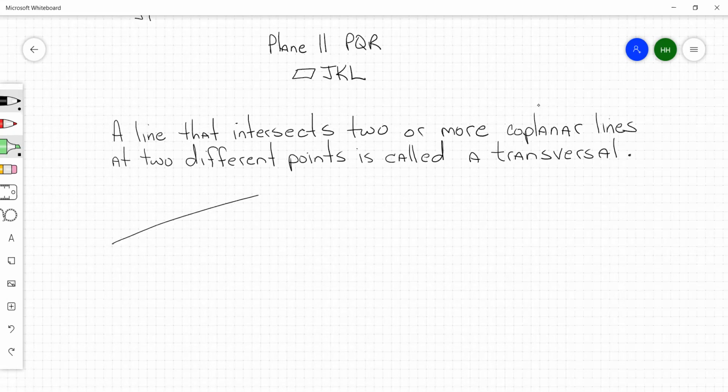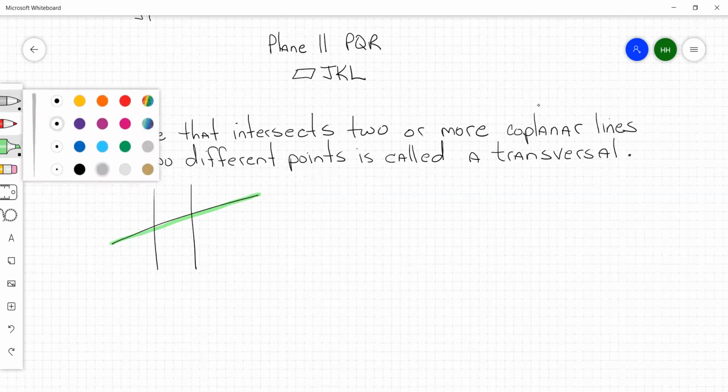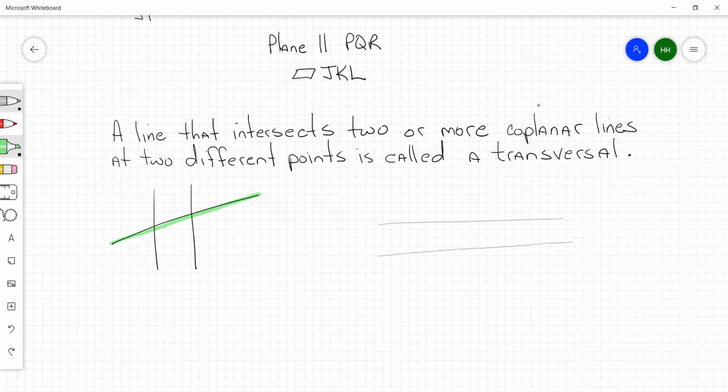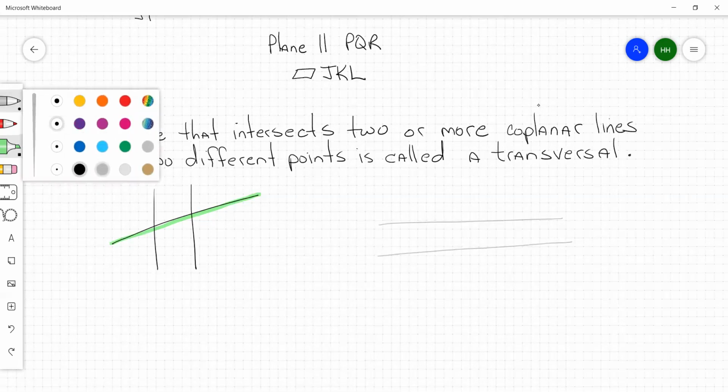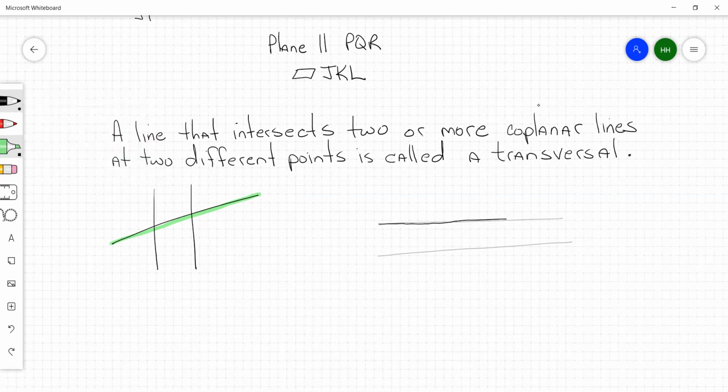So here's one that intersects two others. Here's your transversal. One that intersects two others, there, T is your transversal. Call this one T as well.